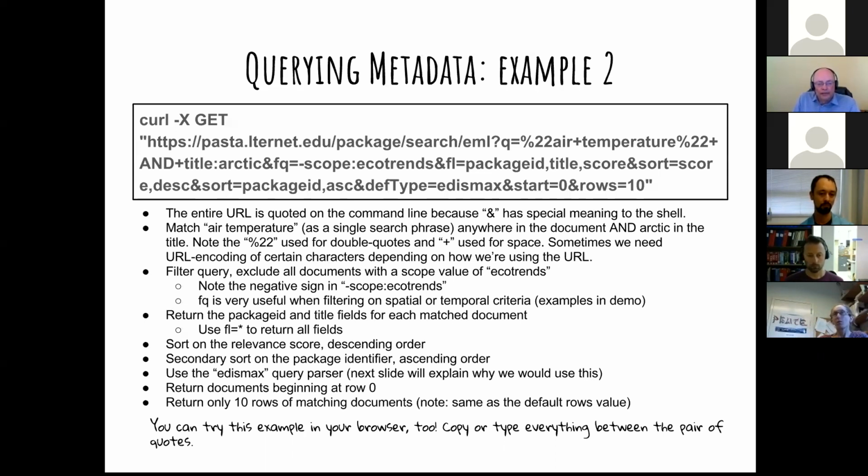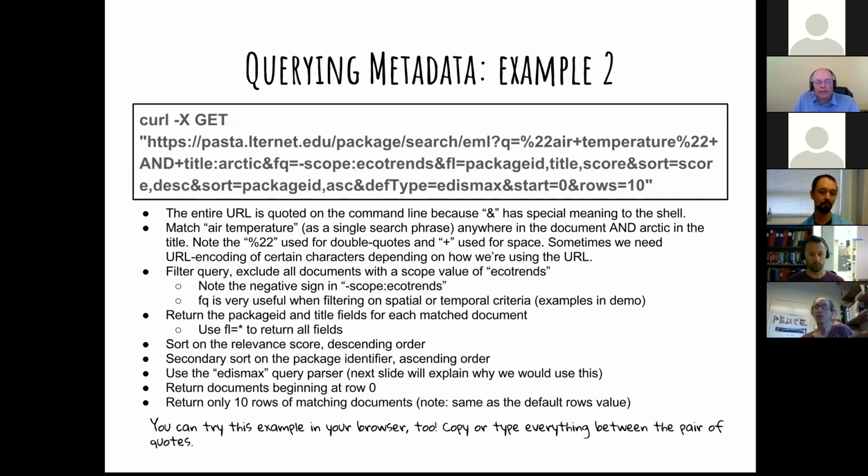With this in mind, the next query parameter asks that search results be sorted by score in descending order. And this makes sense in most search interfaces where you'd of course want to display the most relevant matches ahead of less relevant matches. In the case of ties, we have a secondary sort based on package IDs in ascending order.